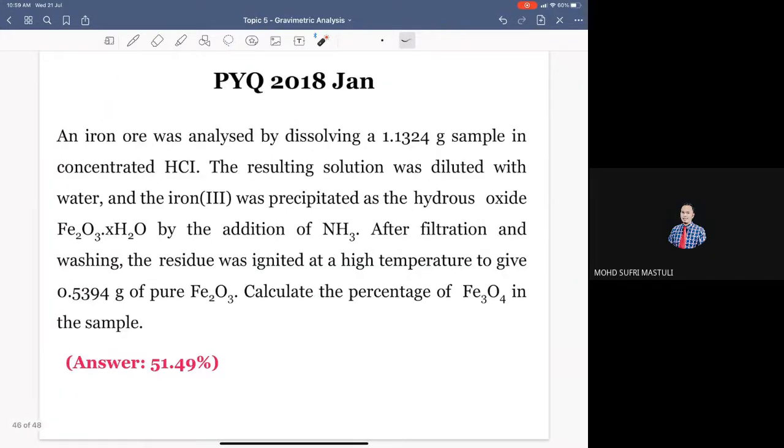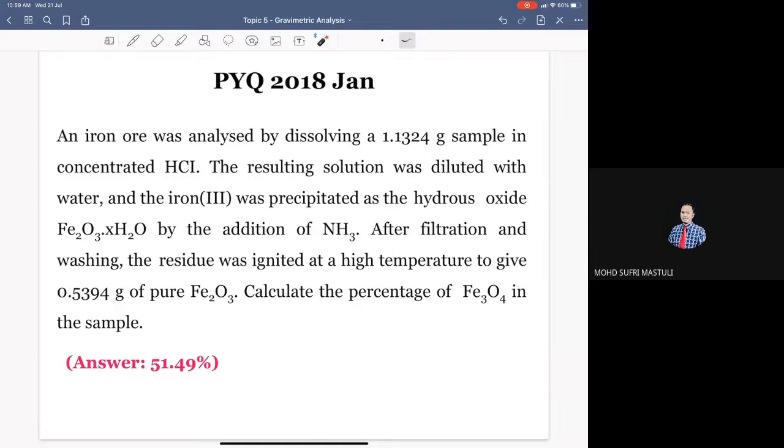All right. This is the last question, I think. This is a final year exam question. The iron ore was analyzed by dissolving 1.34 gram of sample in concentrated HCl.